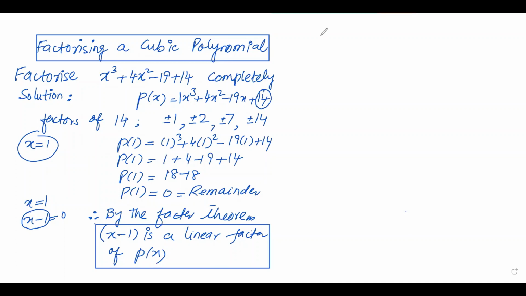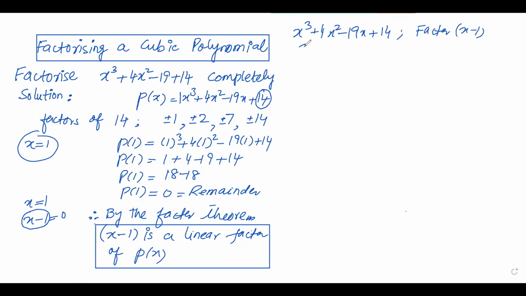So you can do the long division or you can apply the synthetic division. So as we have x cubed plus 4x squared minus 19x plus 14, and a linear factor is x minus 1.